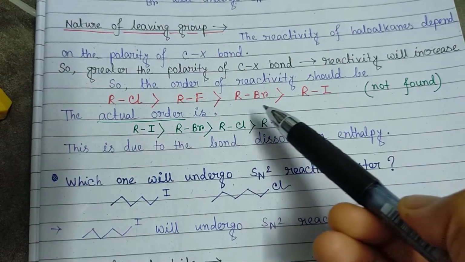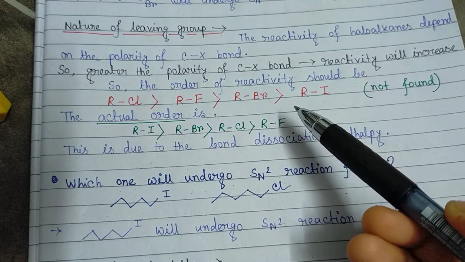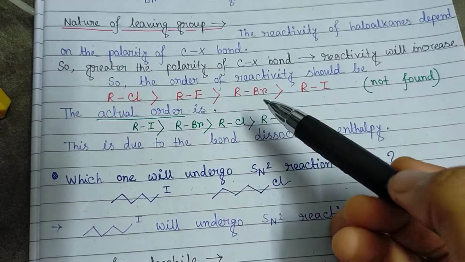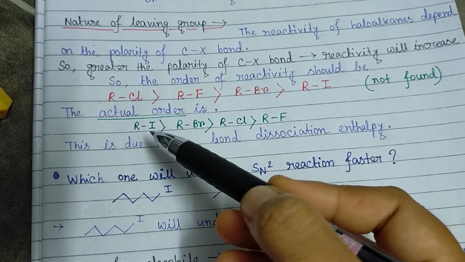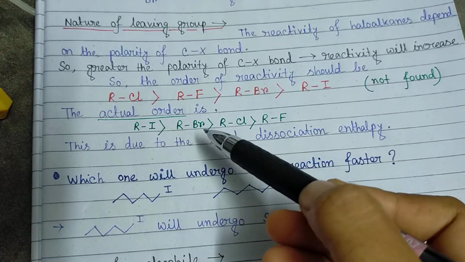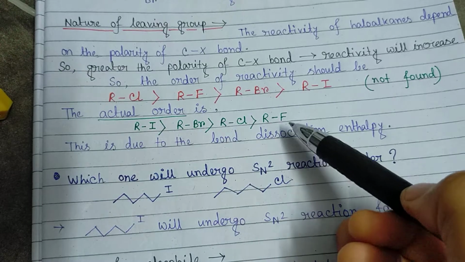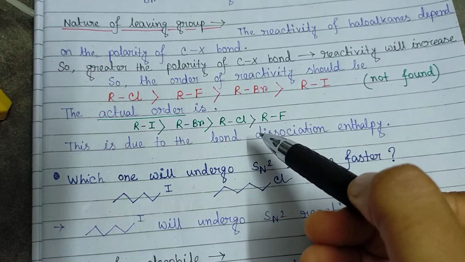This is due to the decreasing dipole moment value, but it is not found. The actual order is RI, that means alkyl iodide is the most reactive, then RBr, then RCl, and RF is the least reactive among the alkyl halides.